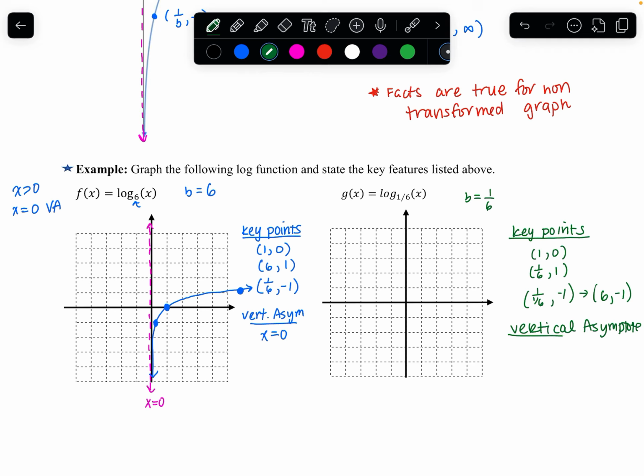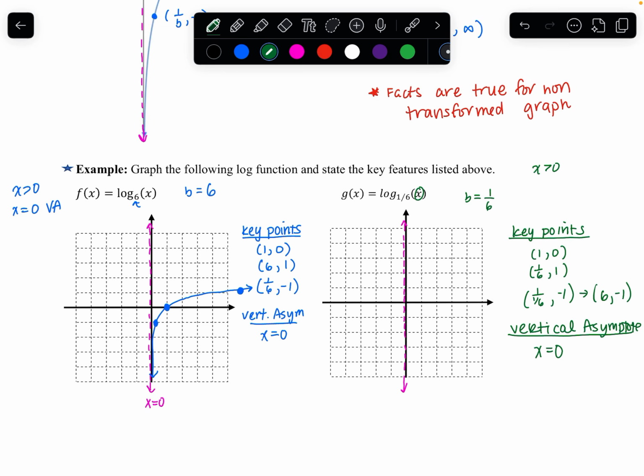Again, standard vertical asymptote at x where the domain breaks down. So since for this one our domain needs x greater than 0, that's where our vertical asymptote is going to lie. So step 1 with my graphing process, I like to draw my vertical asymptote.